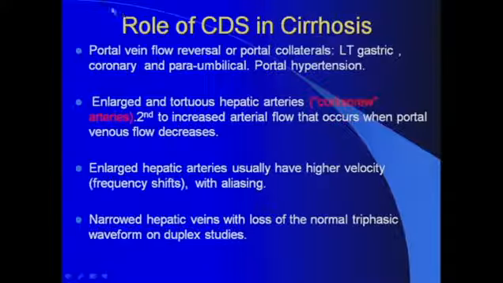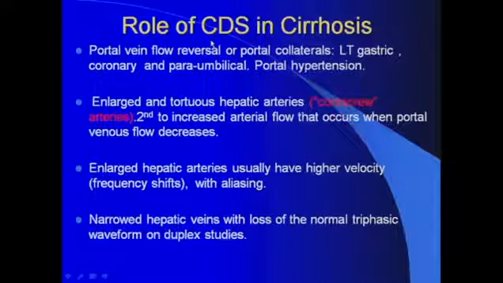Now that we have talked about the grayscale findings in cirrhosis and chronic liver disease, we move on to address one of the most important aspects of evaluating patients with cirrhosis, which is the role of color Doppler sonography in this population of patients. Now, what do we look at?